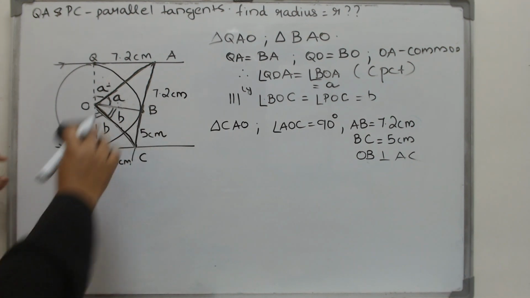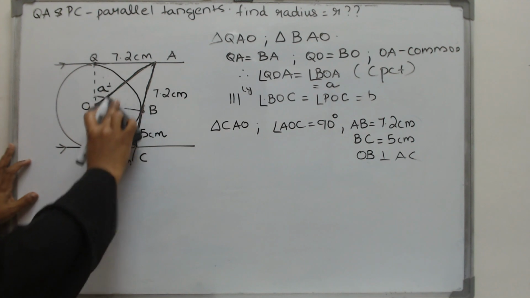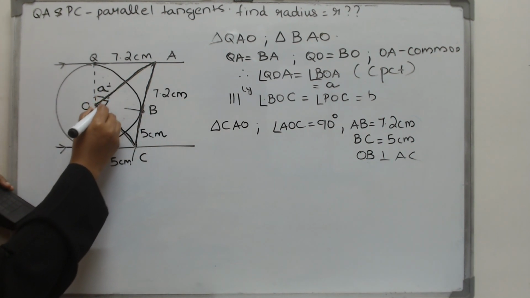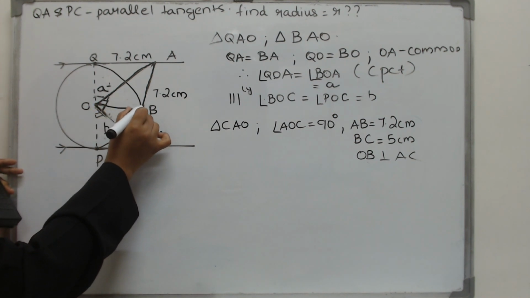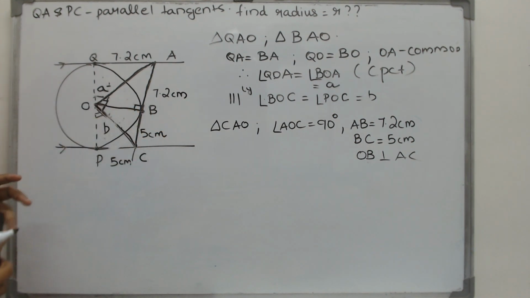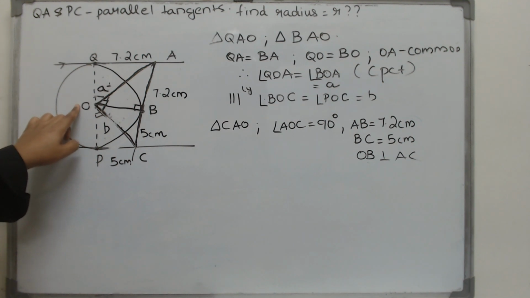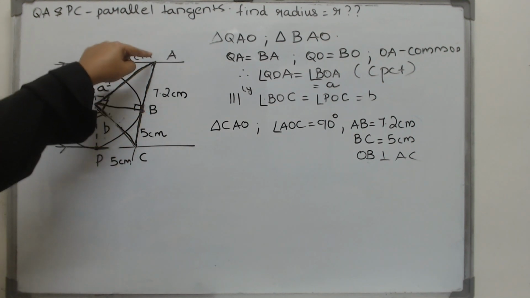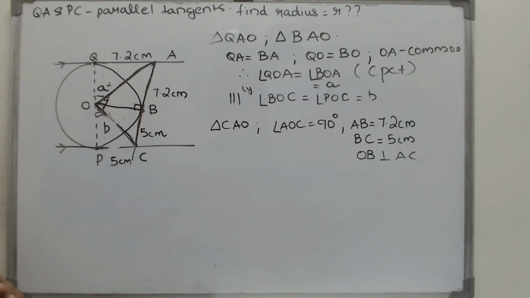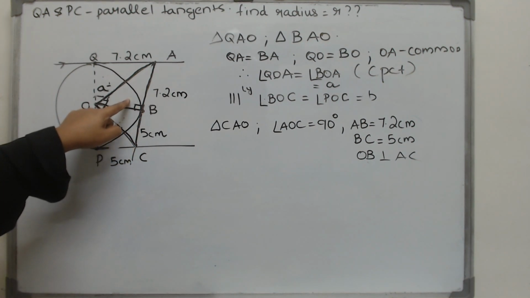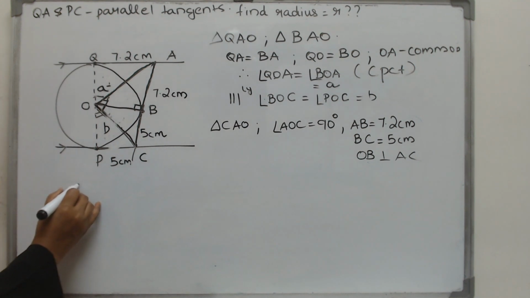Then what else do you have? We just proved that here what you have is a right angle. And what else do we know? What you have here is again a right angle at OB. Why is that? Because at the point of contact, the tangent and the radius are perpendicular to one another. That means you have a right angle here.